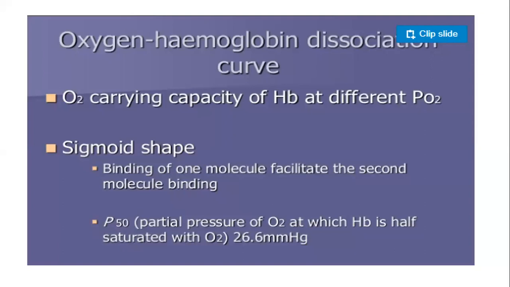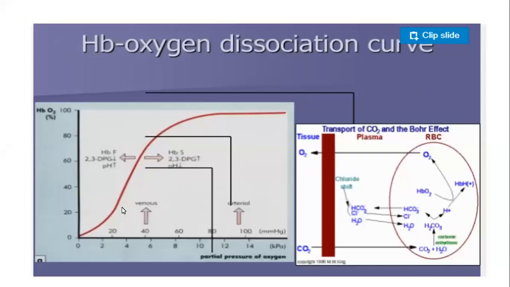And so when hemoglobin is moving in the body and has to pick up this oxygen, there are various factors that can enhance or reduce entry of oxygen into the hemoglobin. And this can be demonstrated through a sigmoid curve here.